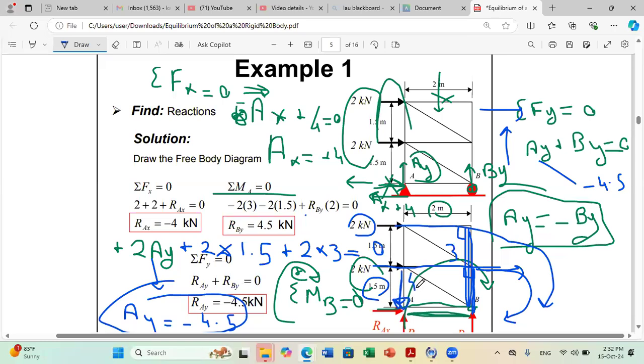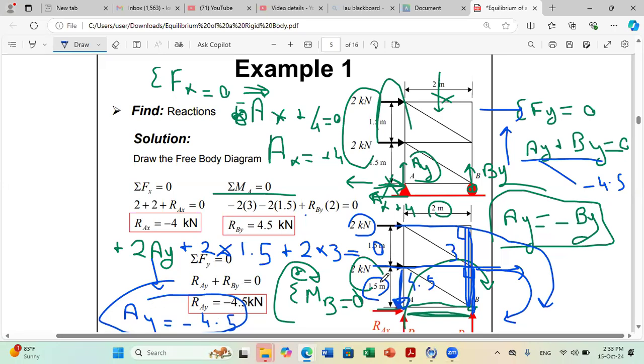Downward equal to 4.5. So if you do this, then when you write the equation, you can directly put minus 4.5 plus by equals 0, which will give you exactly the same result. In case you have written your equation already, you replace ay by the algebraic value, minus 4.5.